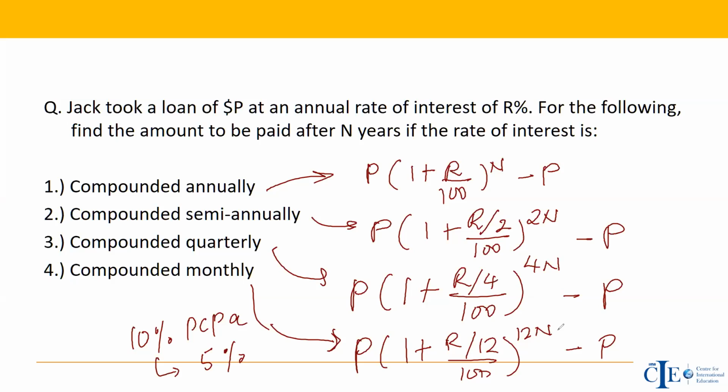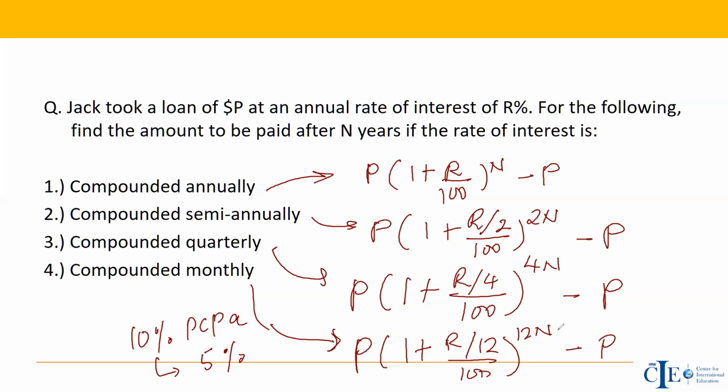That is a part of the scientific calculator, and this is the normal calculator. So that becomes quite calculative. Whereas quarterly would still be possible because you just square and square twice. So you can still expect quarterly based questions, but monthly it's quite rare, becomes way too complicated to work. So this can be just used for knowledge purposes.